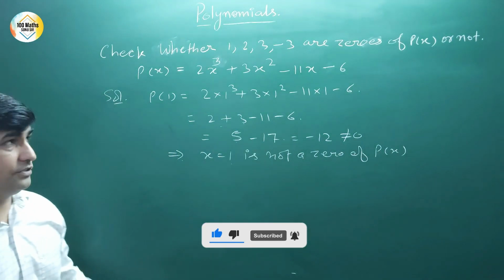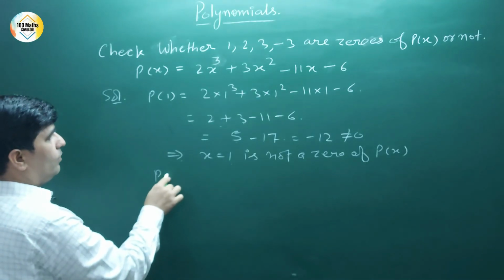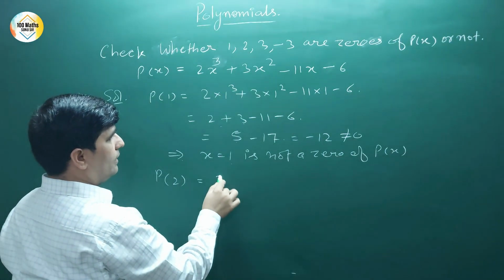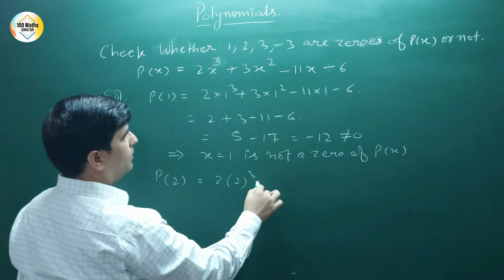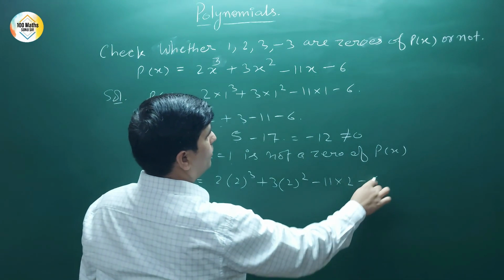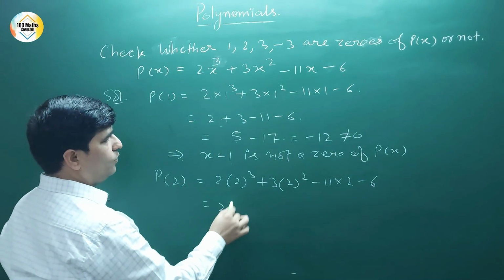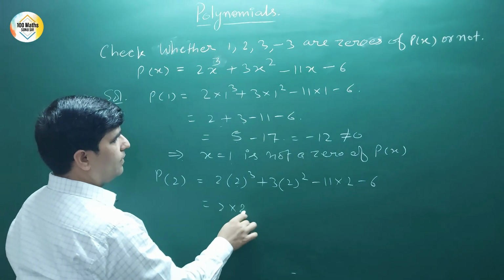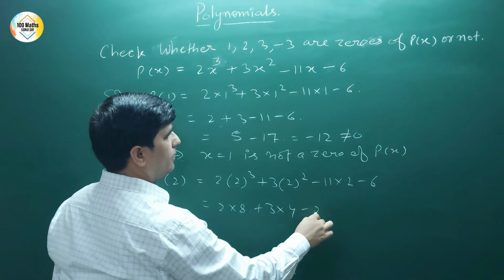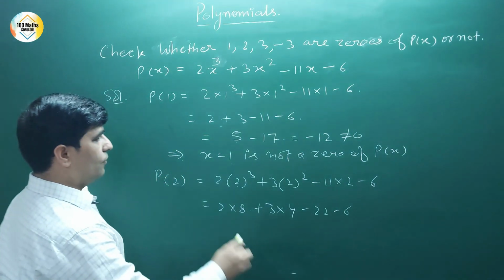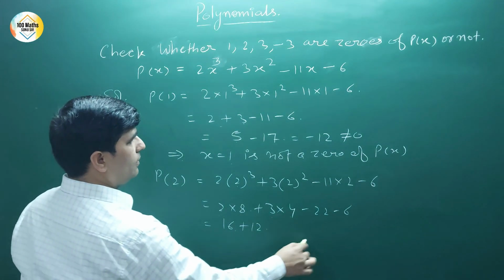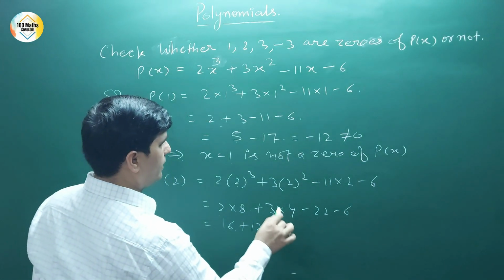Similarly, check the other zeros. Calculate p2. What is coming? When you put x as 2 here, it will be 2 cube plus 3 into 2 square minus 11 into 2 minus 6. Check it. 2 cube is 8, 3 into 2 square is 12, minus 22 minus 6. So what is coming? 8 plus 12 is 20, and 22 and 6 are 28.